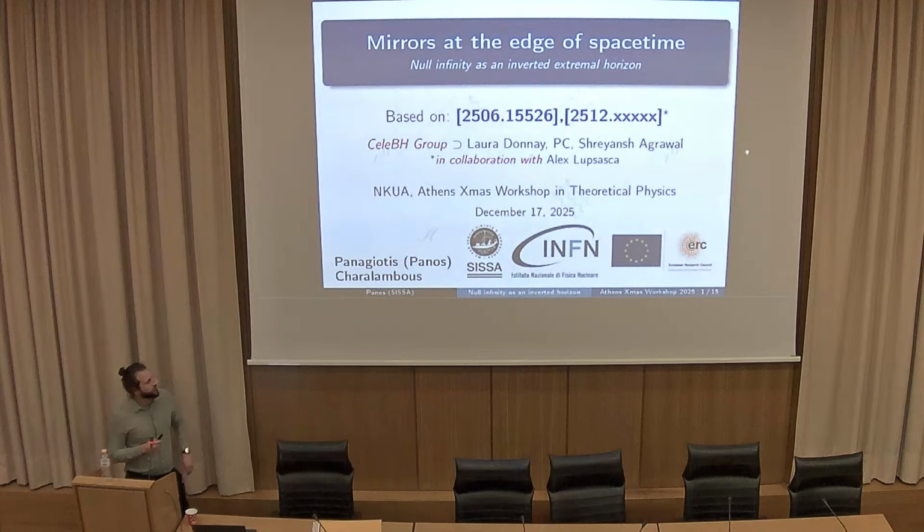I will be more explicit on how these are constructed. This talk is based on two works. One we released in June, and the other, we hope to be released either tomorrow or the day after tomorrow. So if you are interested, I can send you this once it's released.